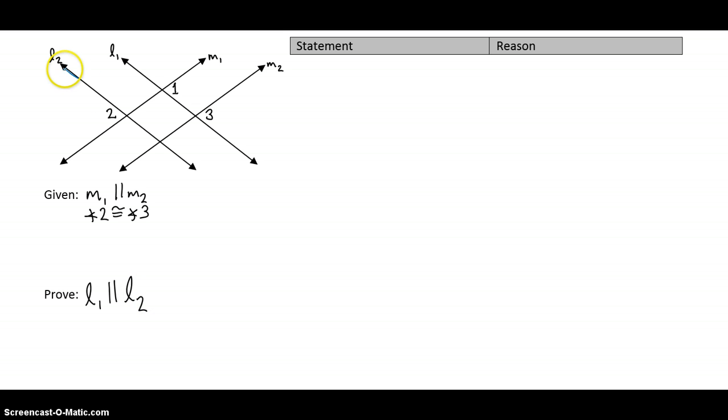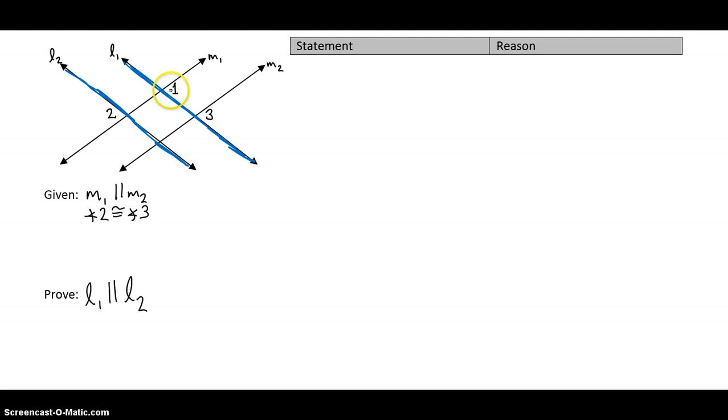If we look at line 1 and line 2, we have two transversals, M1 and M2. On transversal M2, there's only one angle labeled, angle 3. On transversal M1, there are two angles labeled, angle 1 and angle 2. And angle 1 and angle 2 are alternate exterior angles.